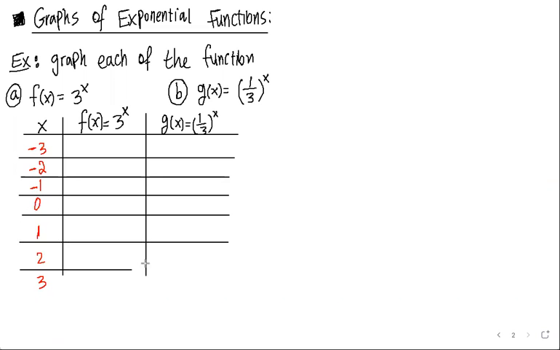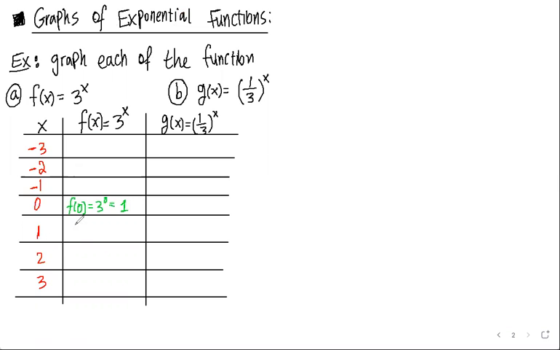Who will do the first point, for 0? What is f of 0, after you plug the 0 inside the function f? It's 1. f of 0 equals 3 to the 0, and this equals 1.